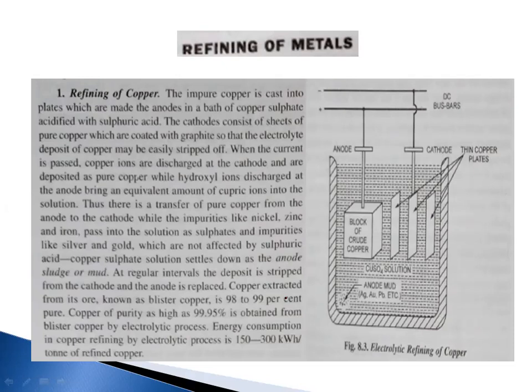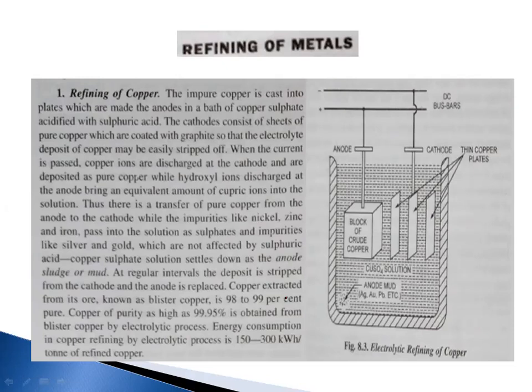When the current is passed, the copper ions are discharged at the cathode and are deposited as pure copper, while hydroxyl ions discharged at the anode bring an equivalent amount of cupric ions into the solution.